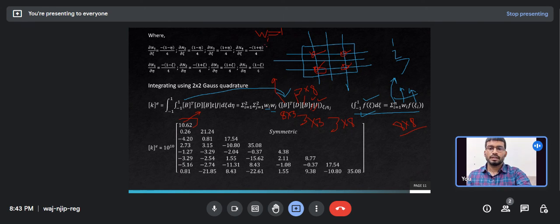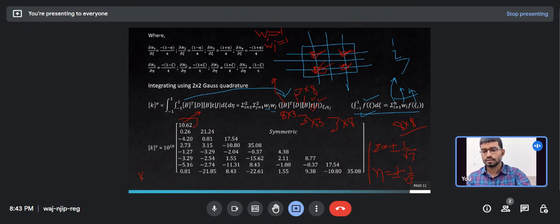So wi and wj will be 1, and this zeta value will be plus minus 1 by root 3, and the eta value will be plus minus 1 by root 3. So the combinations of these two values will give you the 4 points, and you have to calculate the value of this matrix at these 4 points, and combining these will give you the element of this stiffness matrix.